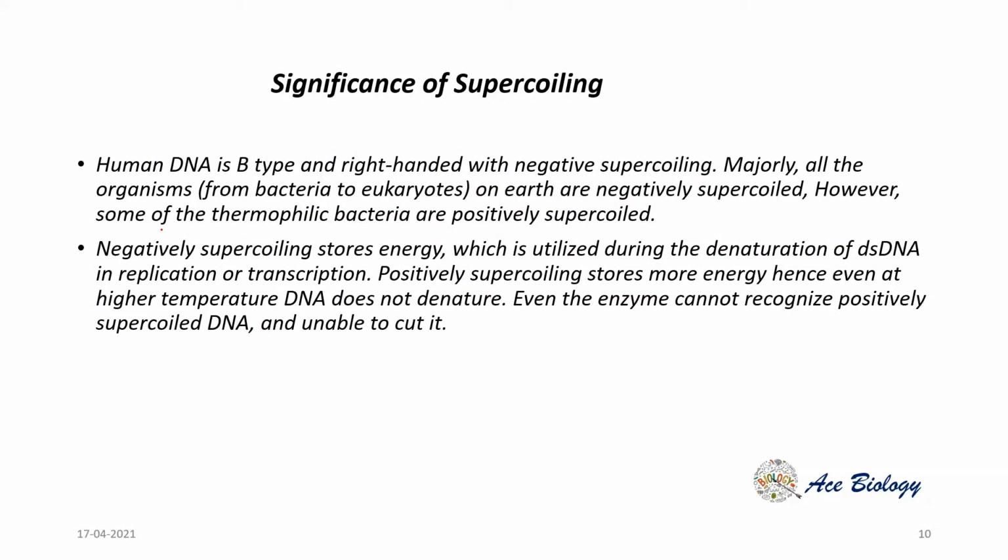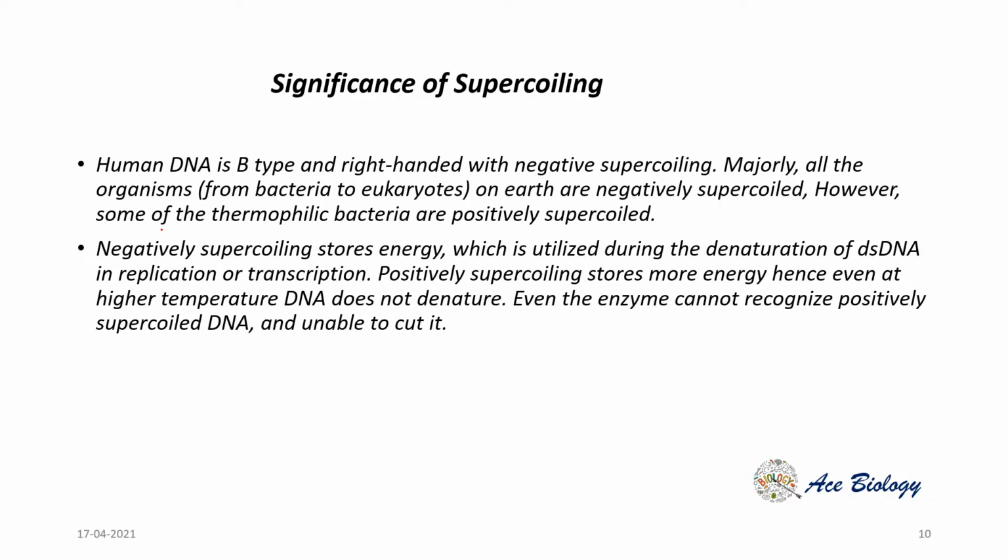Coming to the significance of this supercoiling, we know that human DNA is B-type DNA and it has right-handed coiling and right-handed turn, and it will have negative supercoiling. We have already discussed that negatively supercoiled DNA is somewhat easy to break.